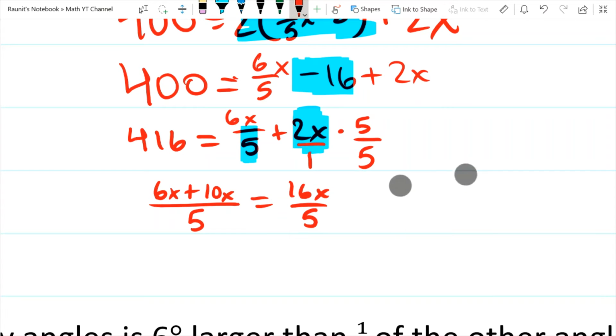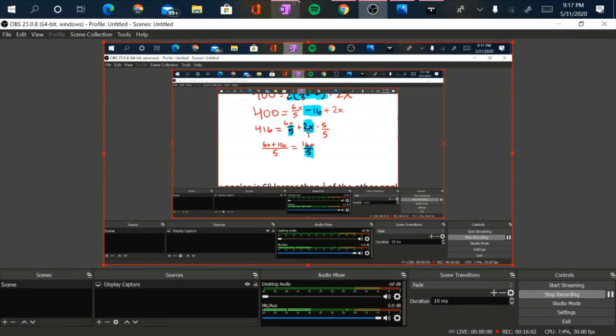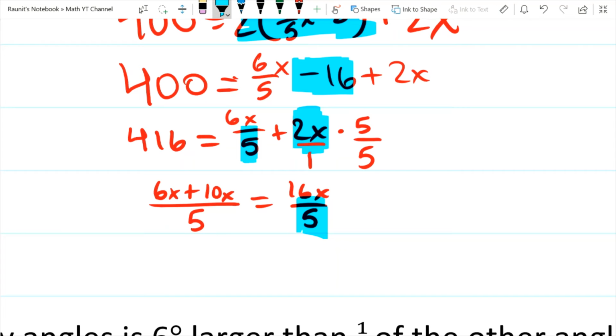Now we're going to multiply both sides with 5 in order to get rid of this denominator. So then we're going to do 416 times 5 is equal to, and then 16x.